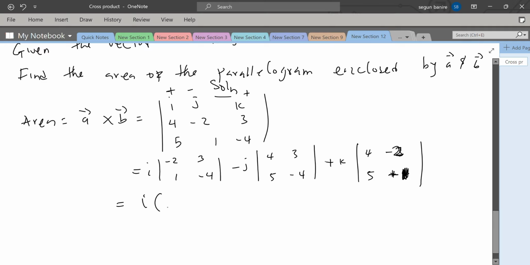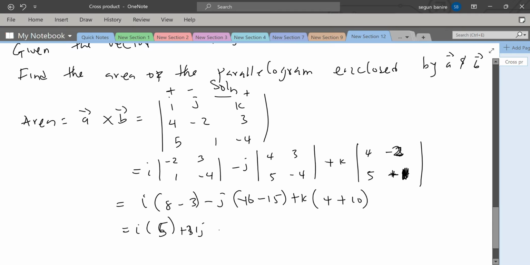So we get 8 and minus 3, we get minus 16, then minus 15, plus K, we get 4 and plus 10. So that will give you 5 I plus 31 J plus 14 K.